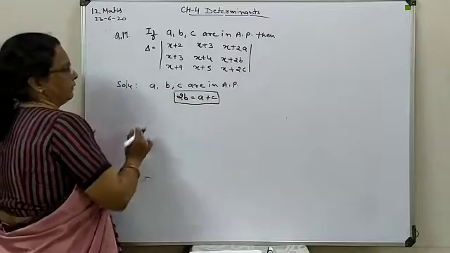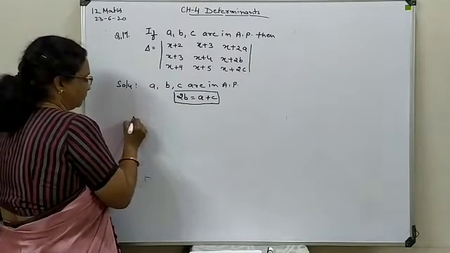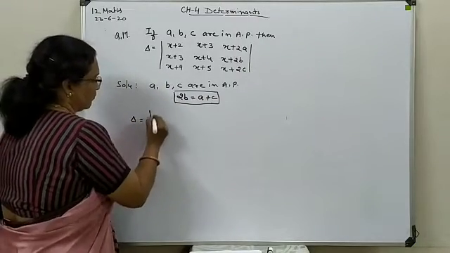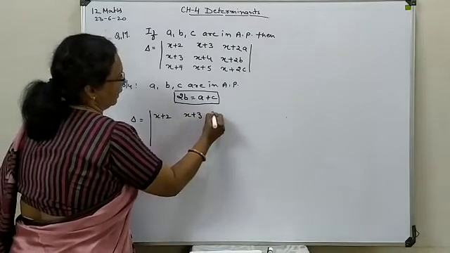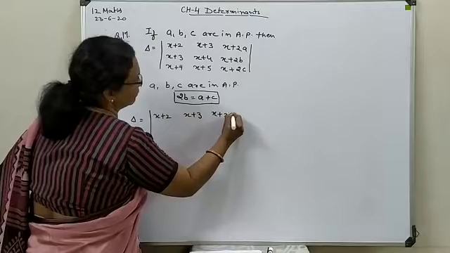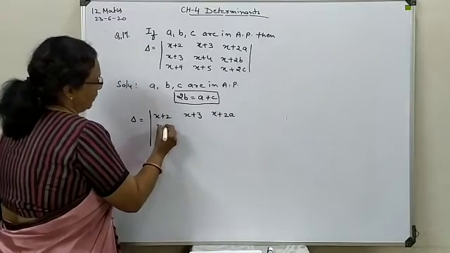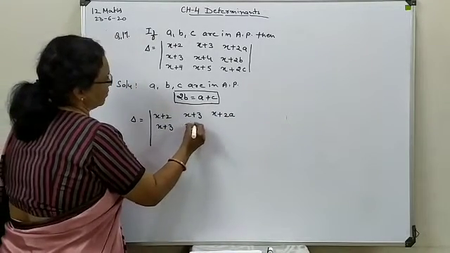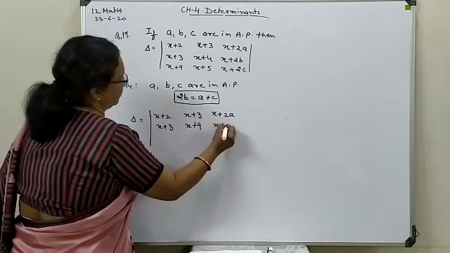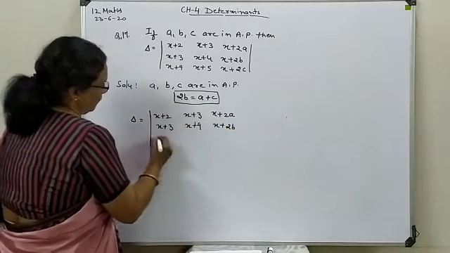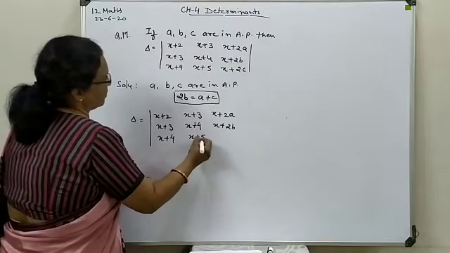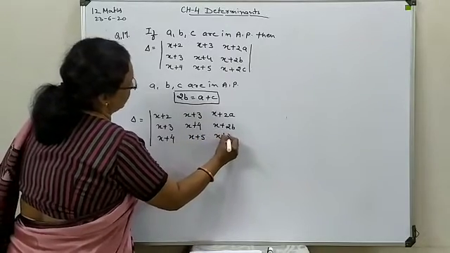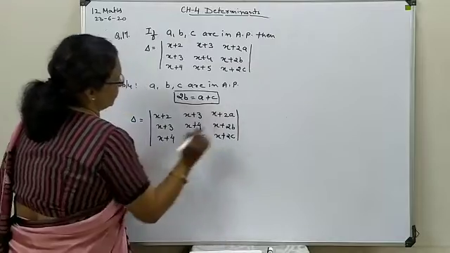Now we come to the given determinant form. This is x plus 2, x plus 3, x plus 2a; x plus 3, x plus 4, x plus 2b; x plus 4, x plus 5, x plus 2c.